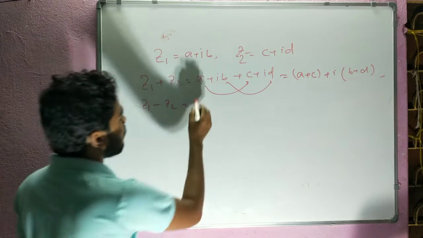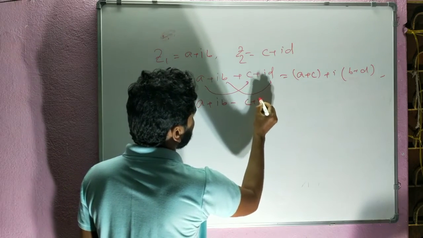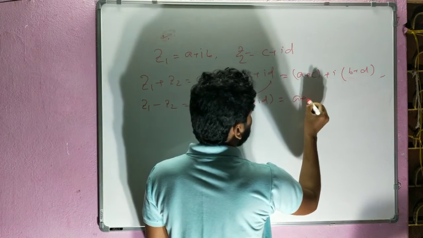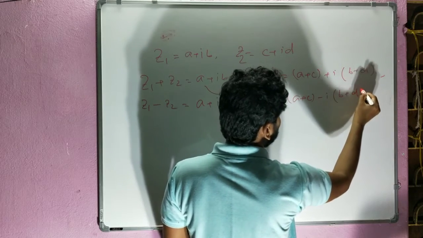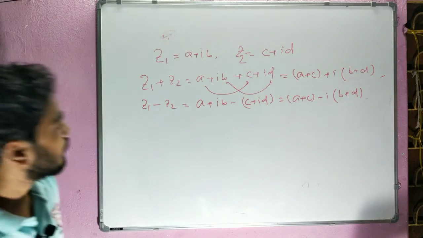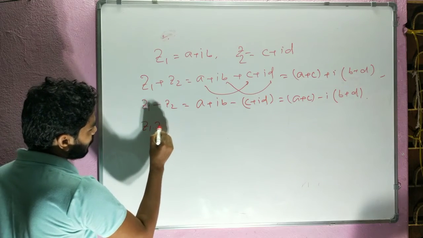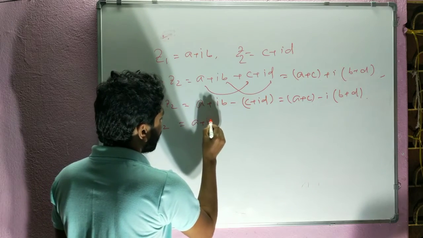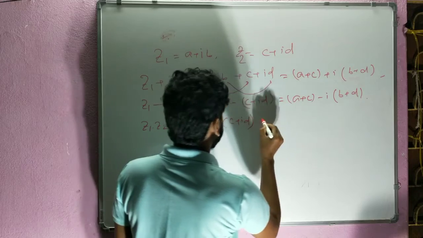Subtraction of complex numbers follows the same procedure: a plus ib minus c plus id, that means a minus c plus i into b minus d. This is z1 minus z2. Z1 into z2 is the product of two complex numbers, a plus ib and c plus id.